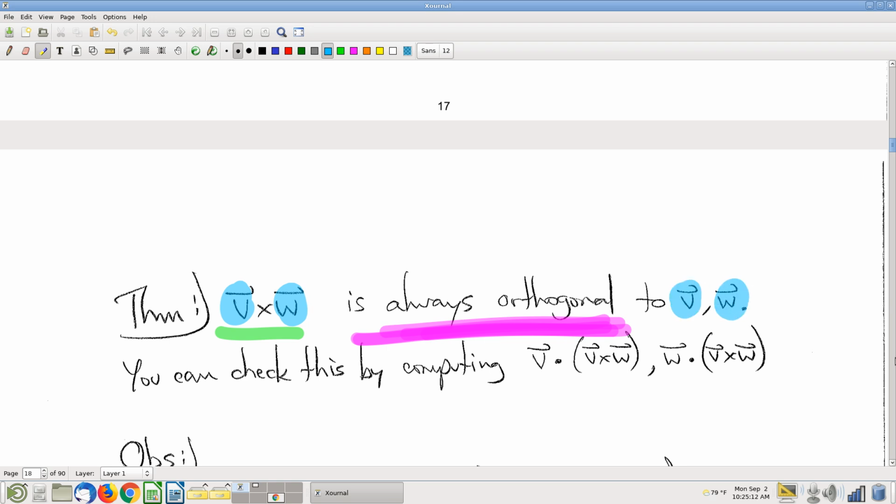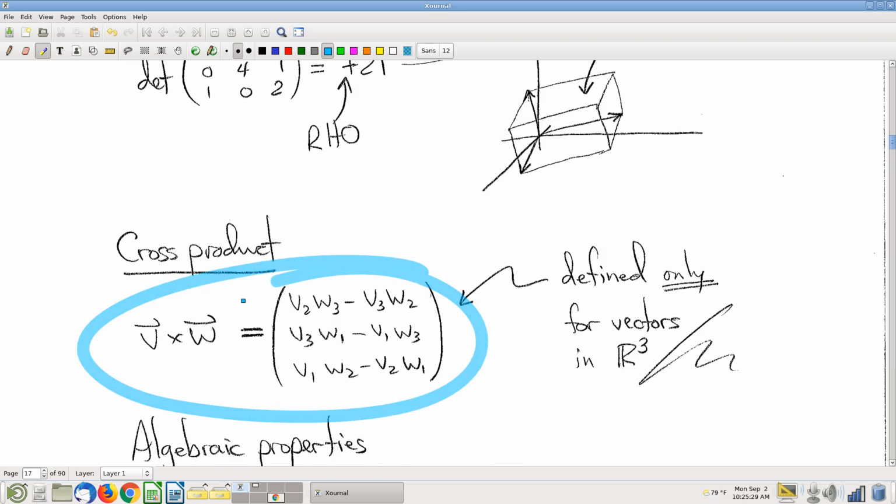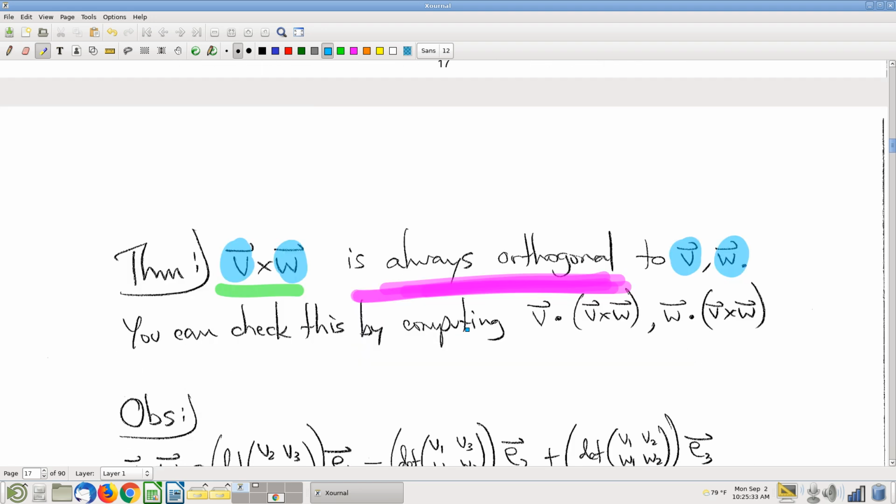And that's a neat tool to have. If you've got a couple of vectors in space and you want to find a vector that's perpendicular to both of them, it's kind of a trick shot. Well, the cross product does that for you. And the cross product, don't forget, has a formula. Here it is. This formula automatically finds a vector that's perpendicular to both of the input vectors.